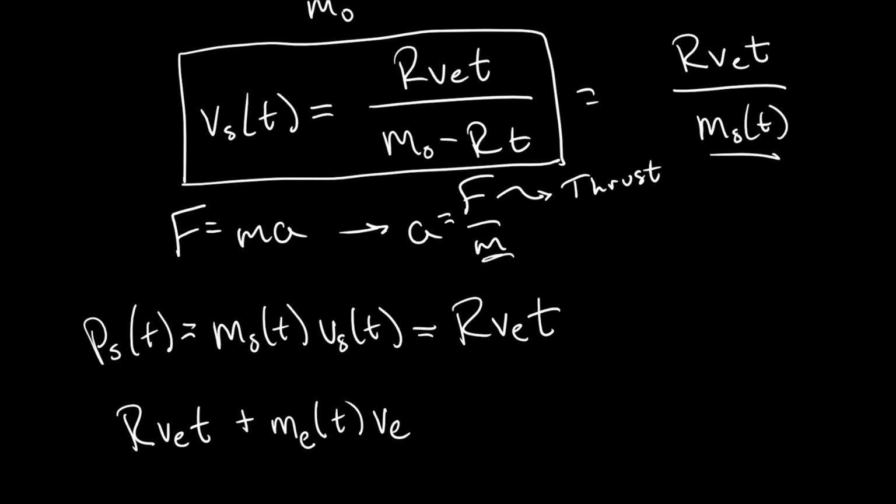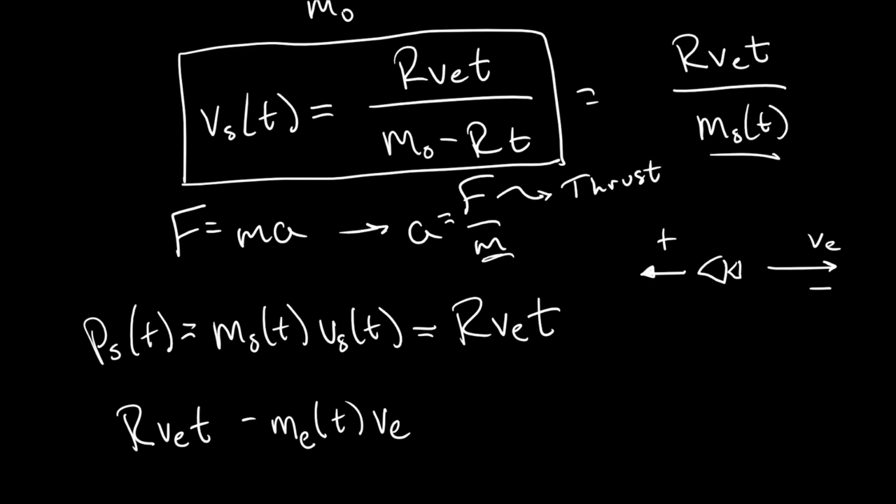So we'll give this a negative sign, because the ship is going this way, that's plus, and the velocity of the exhaust is going that way, that's a minus. So I'm going to put a relative minus between these two.